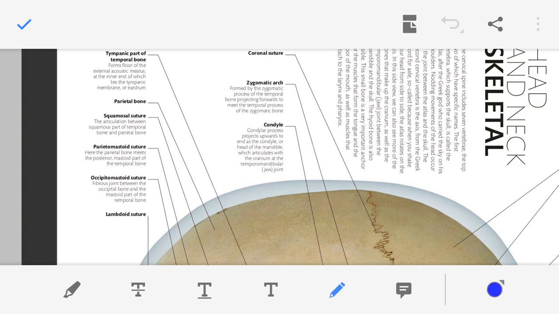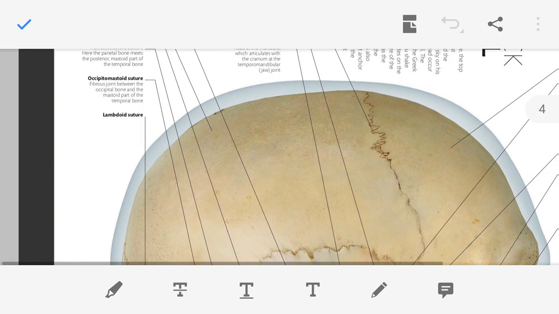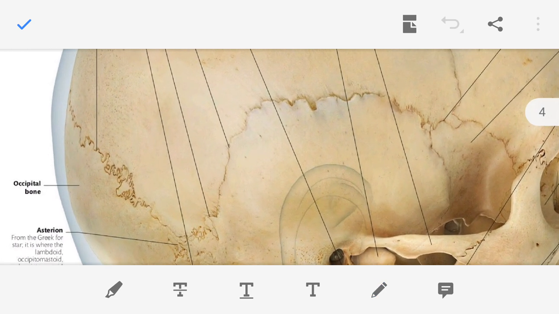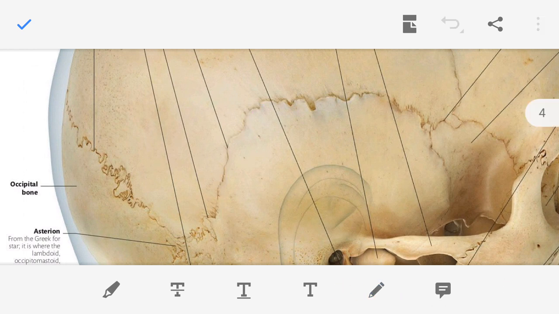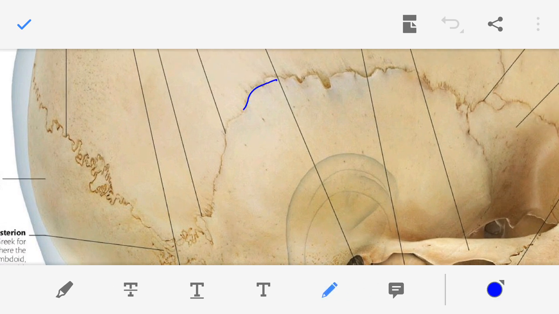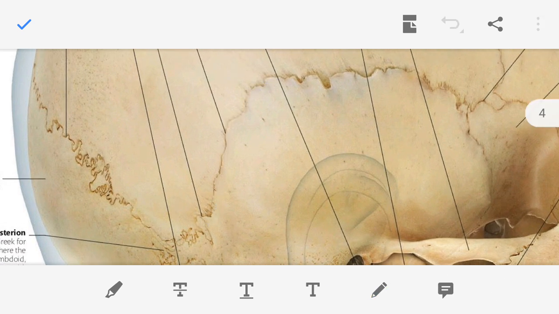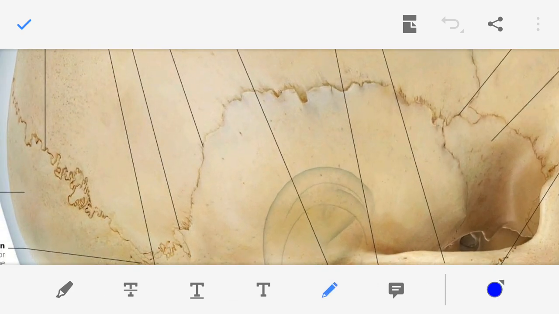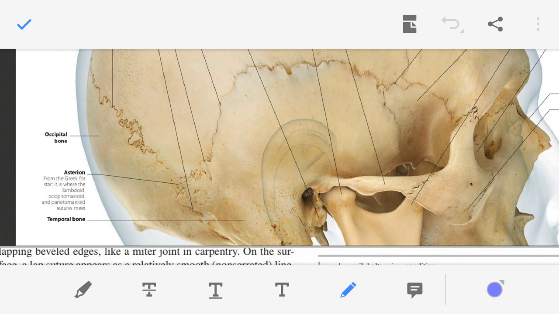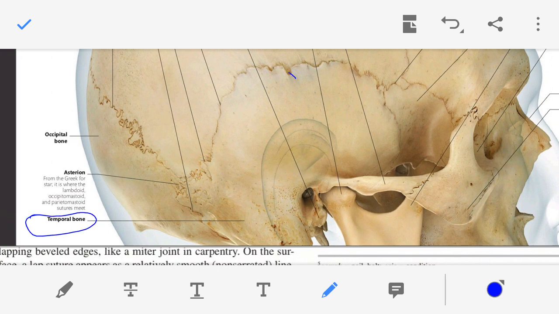You follow this black color arrow. See where this arrow is ending. The arrow is ending at this suture, and this suture is the squamous suture. You can see the edge of one bone, for example the temporal bone, covering the edge of the parietal bone.